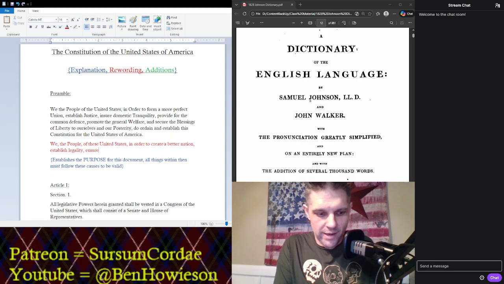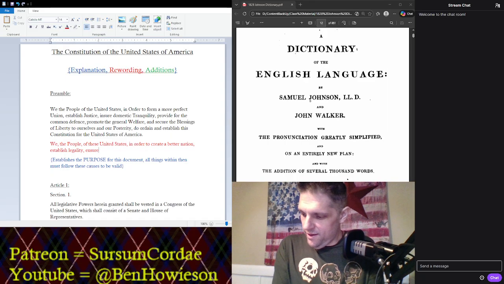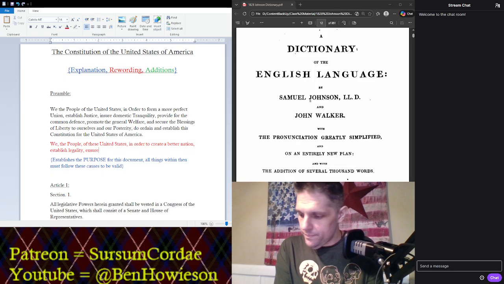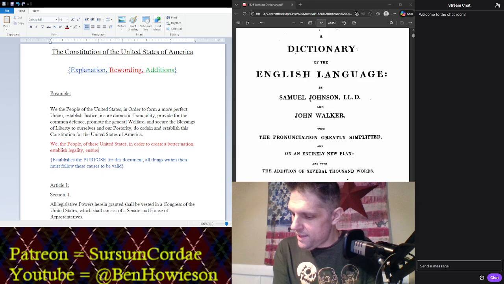Don't spell it incorrectly. So right off the bat, the people who drafted this document misspelled one of the words in the first paragraph, and that was even at the time, right? This is the dictionary from that time frame. So instead, they will ensure.